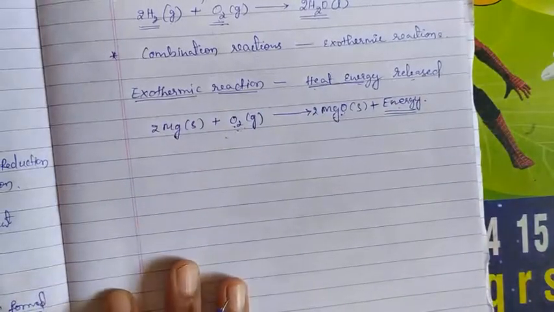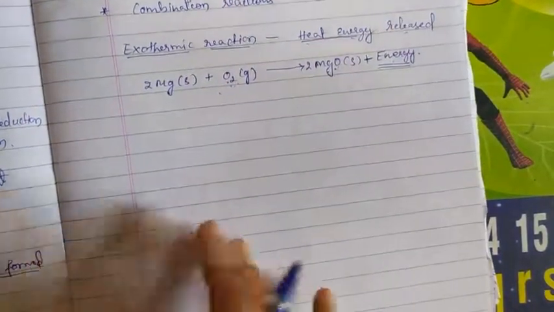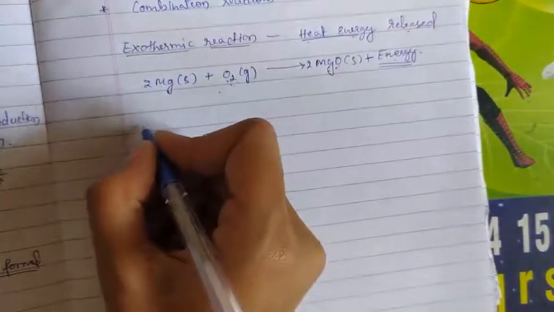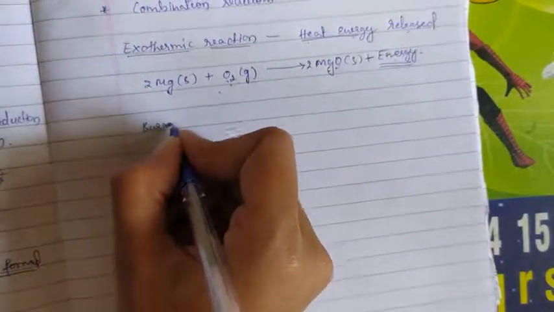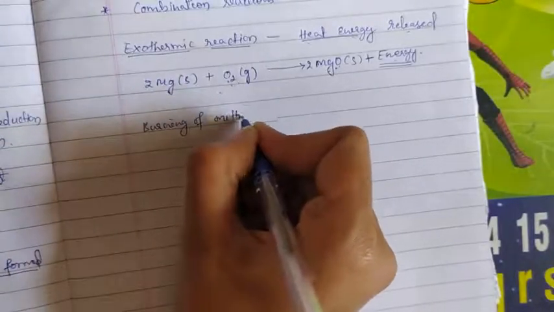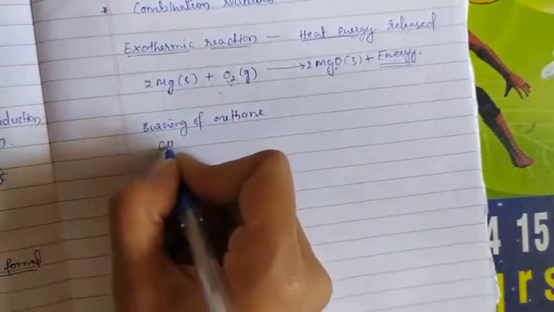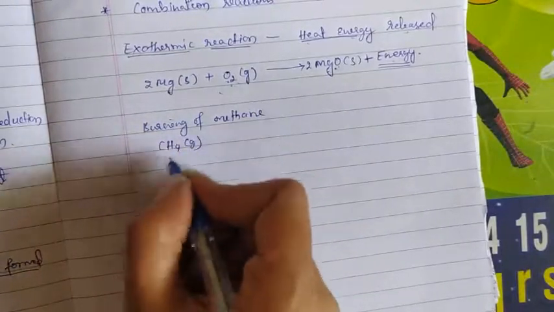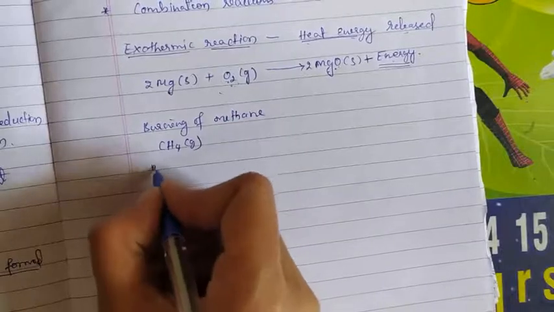Now we will see one more example of an exothermic reaction, that is the burning of methane. CH4 is the chemical formula of methane.